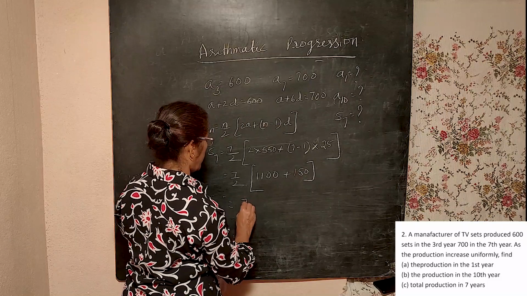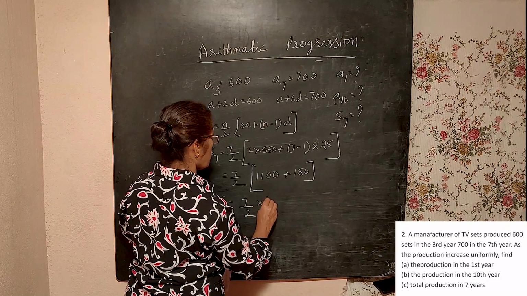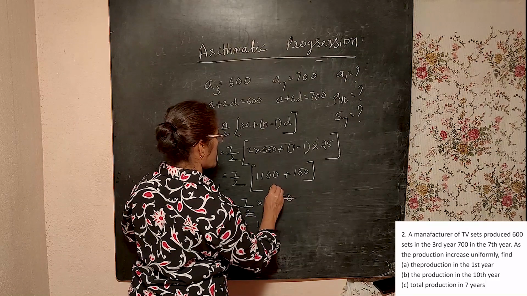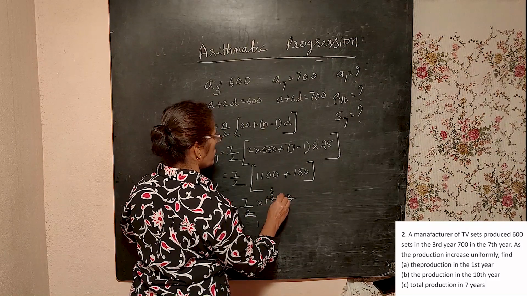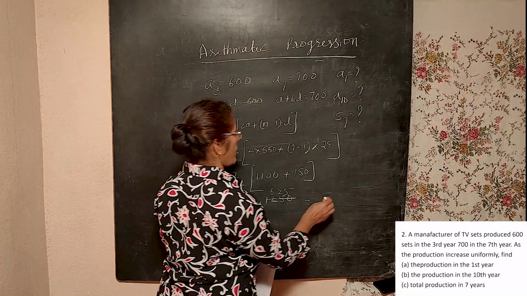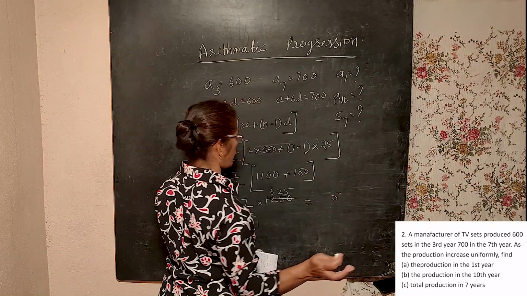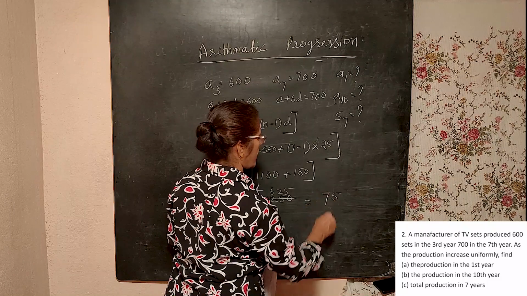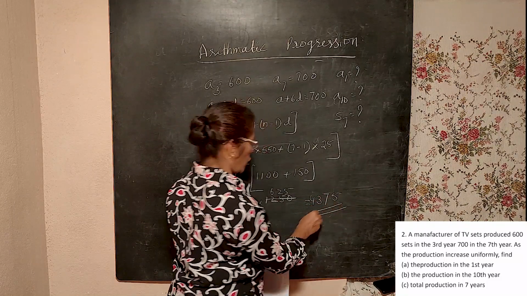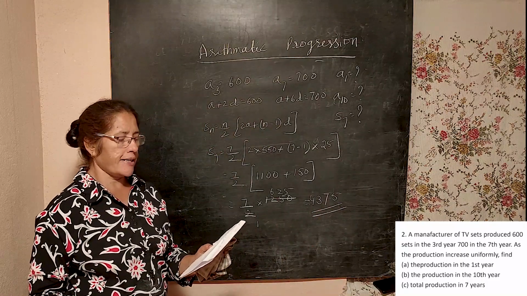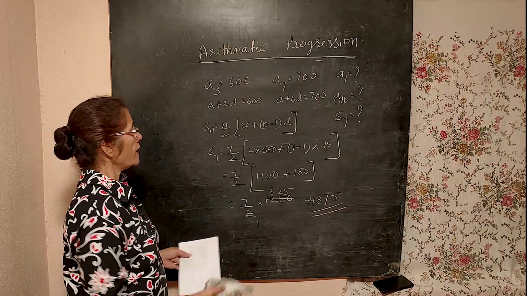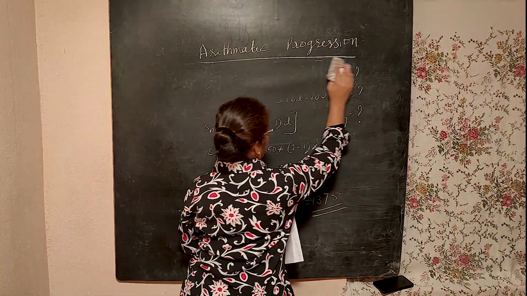So 7 by 2 into 1250. 2 ones are 2, 2 sixes are 12, 2 twos are 4, 2 fives are 625, into 7. 7 fives are 35, 7 twos are 14 plus 3 is 17, 7 sixes are 42, 43. 4375 is your answer.